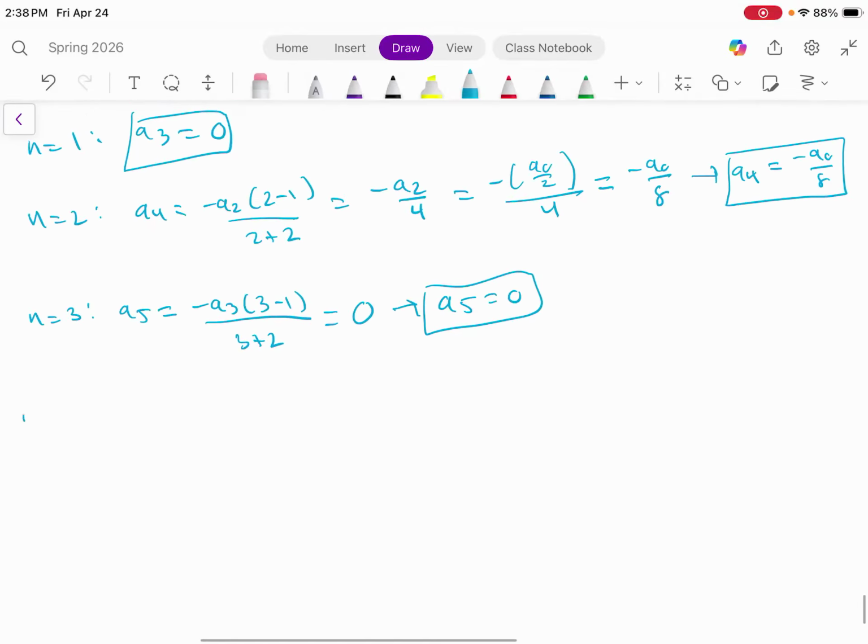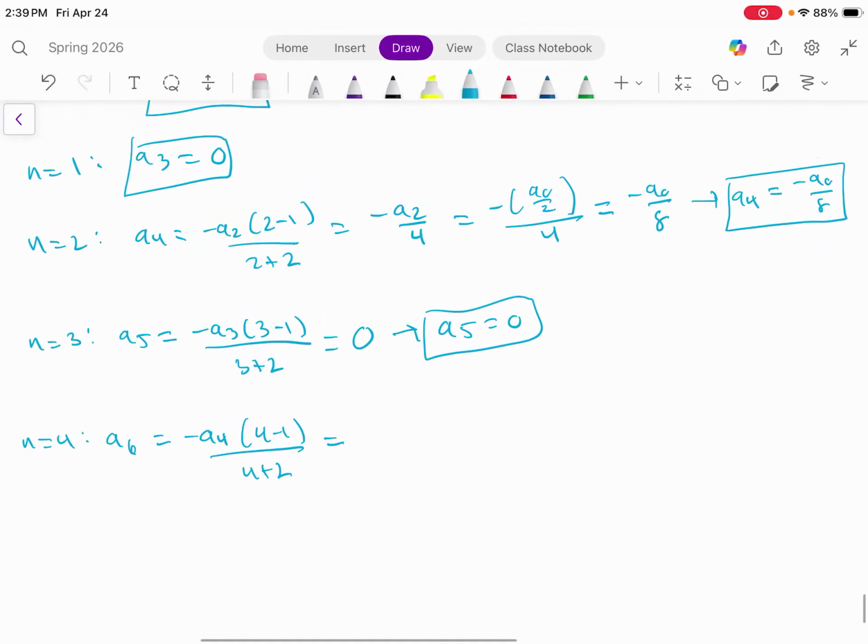Let's try one more. Let's see what happens. Am I getting an a1 or am I getting another a naught? So if I plug in n equals 4, I get negative a4 times 4 minus 1 all over 4 plus 2. I know a4 is negative a naught over 8.